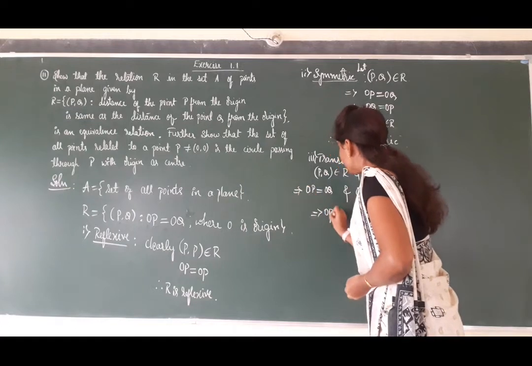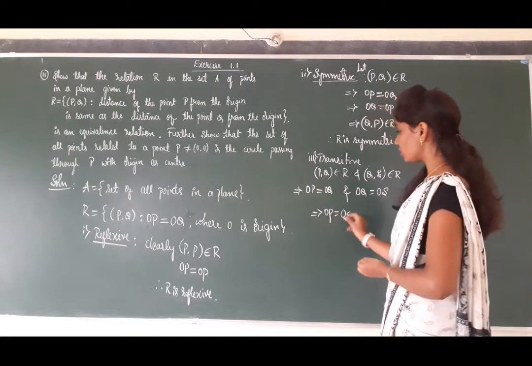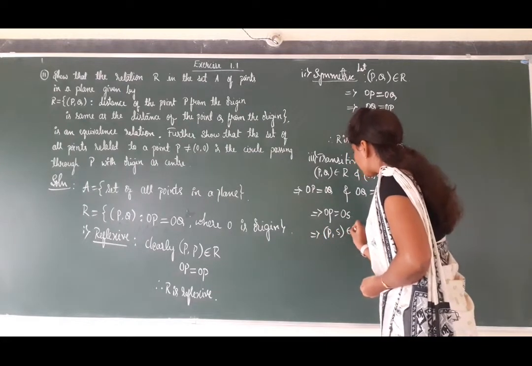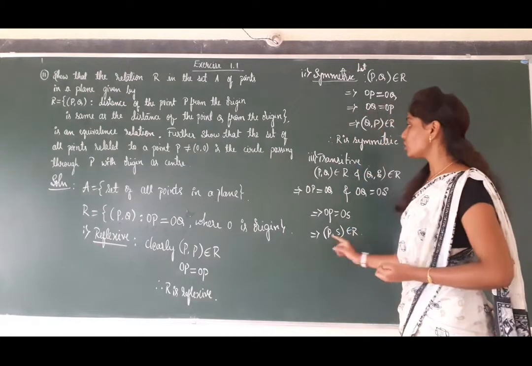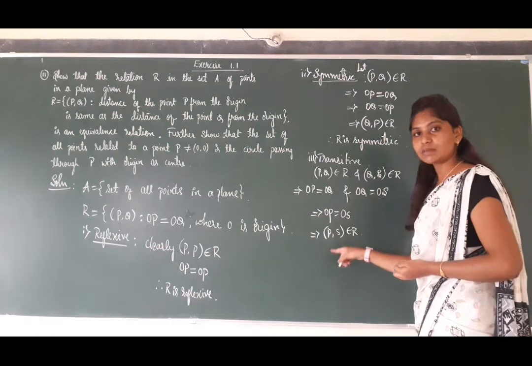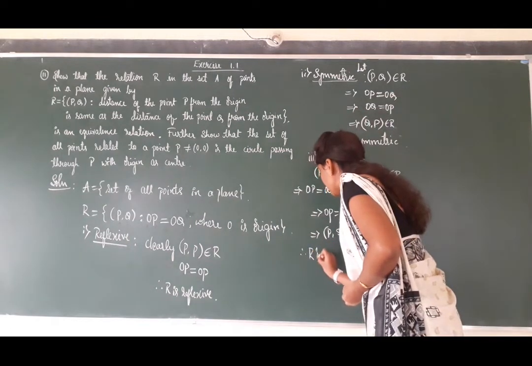OP is equal to OQ, whose value is OS. OP is equal to OS means (P, S) belongs to R. Be sure the first element and last element belong to R. (P, S) belongs to R. Therefore R is transitive.